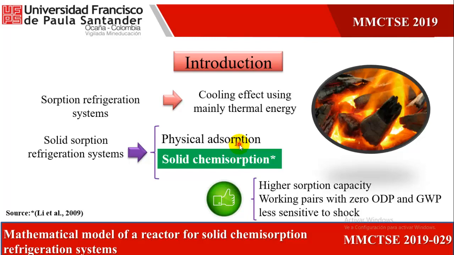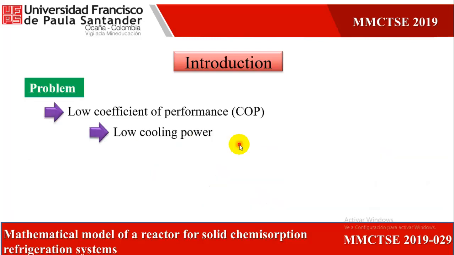However, this system also presents some disadvantages. Mainly these two disadvantages, they are the low coefficient of performance and the cooling power. Several works in the literature have addressed this type of problem, and most focus on the main device of those systems, that is the reactor.